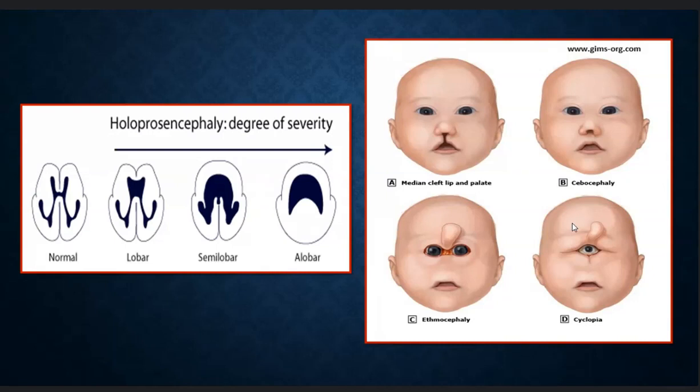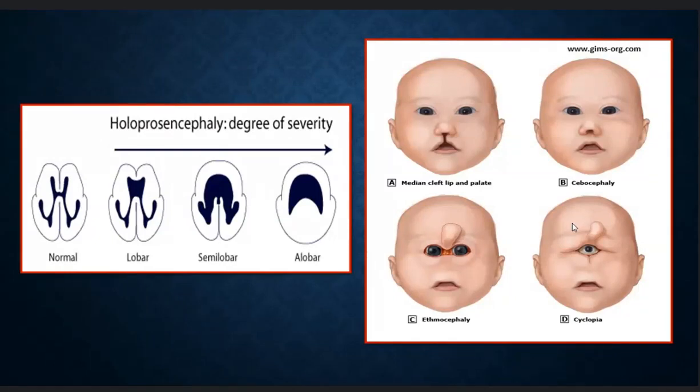If you go to the most severe form of holoprosencephaly, which is alobar, like the previous slide, here they have a proboscis, of course, no nose, and just one eye and one orbit like this. Of course, the Ethmocephaly and Cyclopia are stillborn.